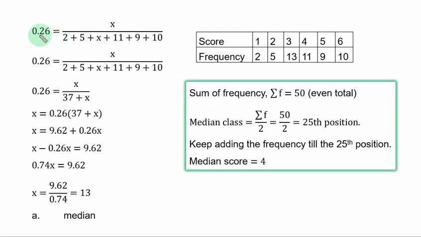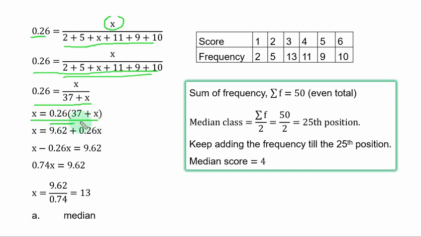So probability of obtaining 3 is 0.26. Number of times 3 appeared, you have S times, and sum of all the frequencies. So you have it in this form. If you add everything here, you have 37 plus S, because you cannot add S to the rest of the numbers. You have this result. You cross multiply to clear the fraction, you have this.